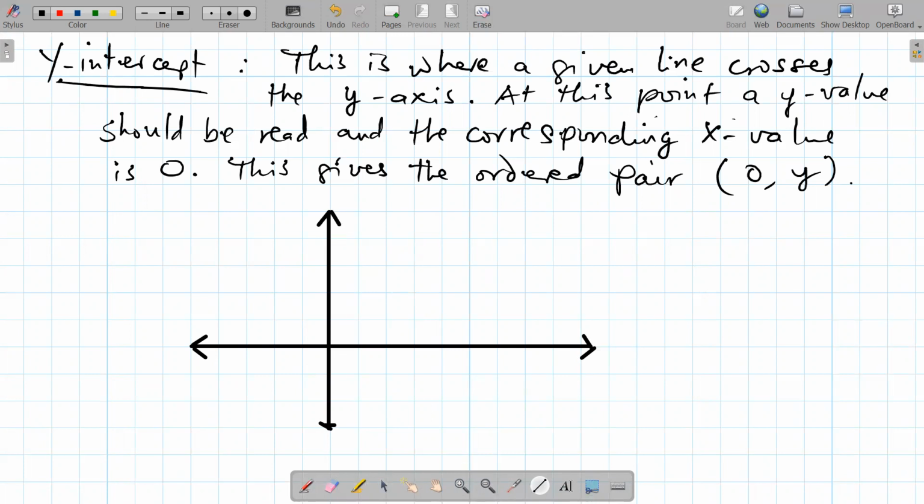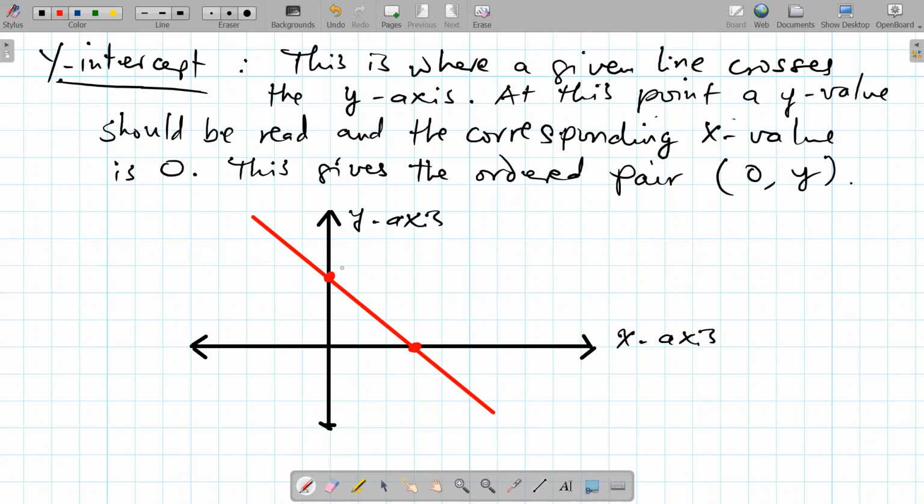This is the x-axis. This is the y-axis. Let's assume that we have this line going through it and intersects at this particular point here and this point here.